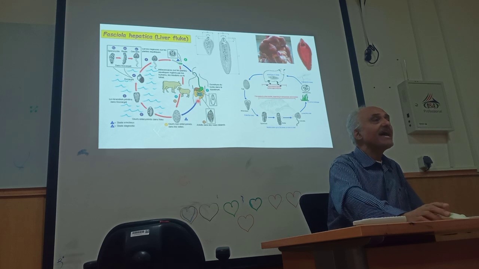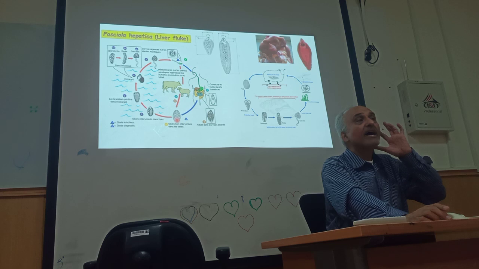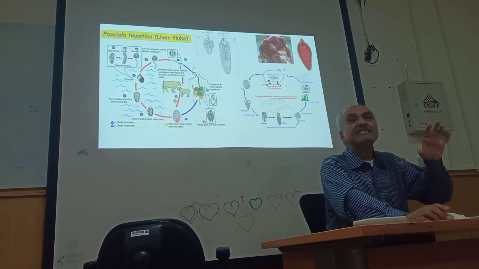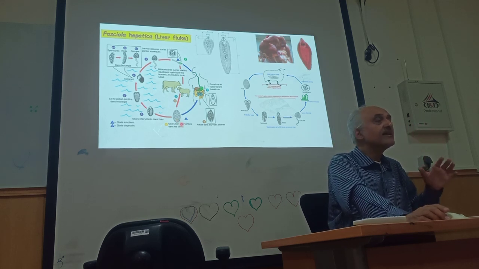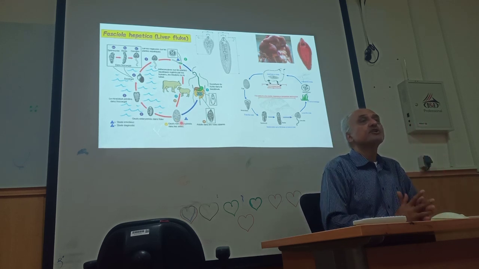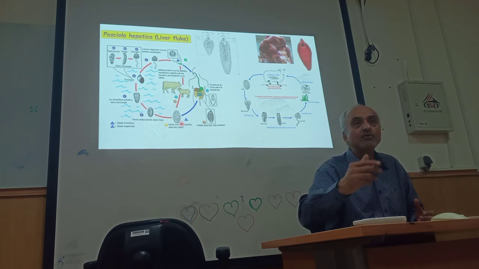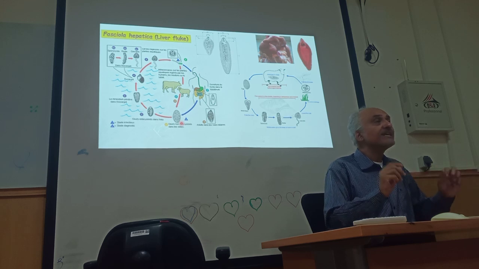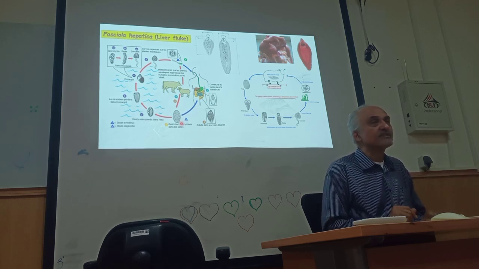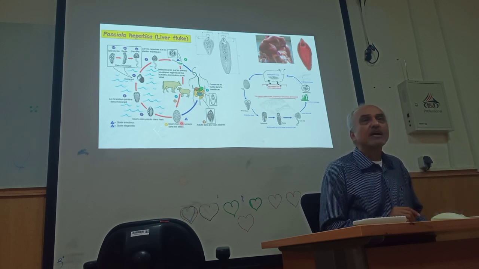Inside these eggs we can see the embryo, which is the miracidium, the ciliated one, and it must reach the water. Then the egg will be broken and the miracidium is out, okay? And then the miracidium searches for the intermediate host.